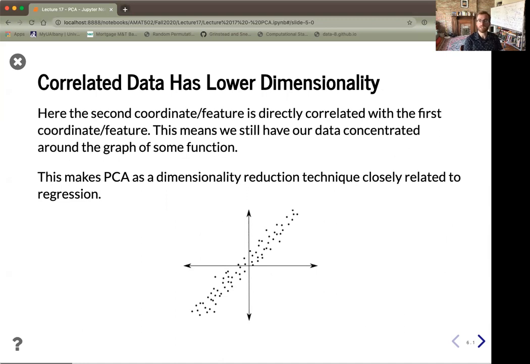So correlations between our feature vectors is some way of getting at how we could reduce data. By considering some feature vectors to be linear combinations of others, we have an opportunity to possibly work with a lower dimensional set of features. And so PCA is all about that.